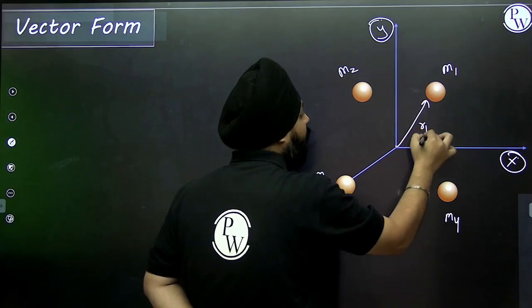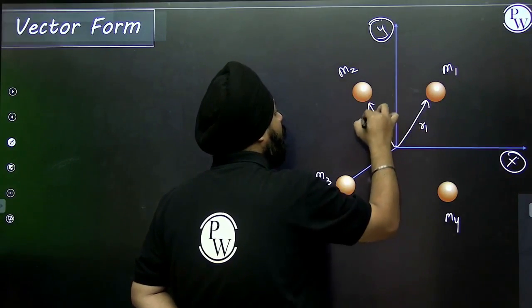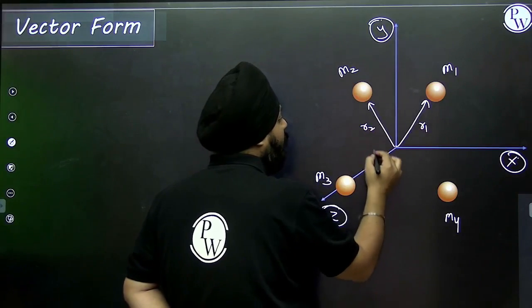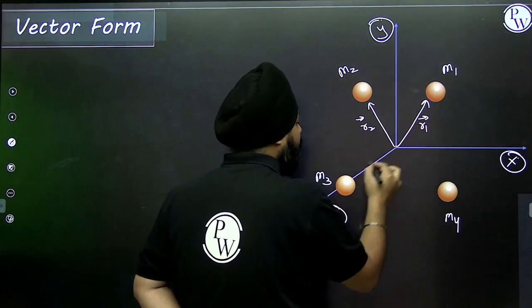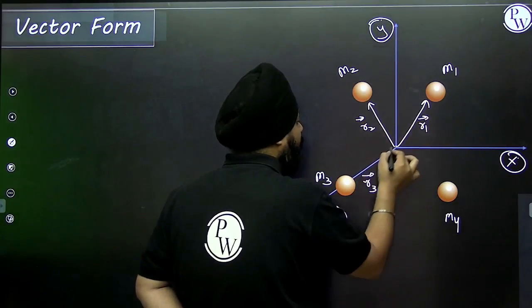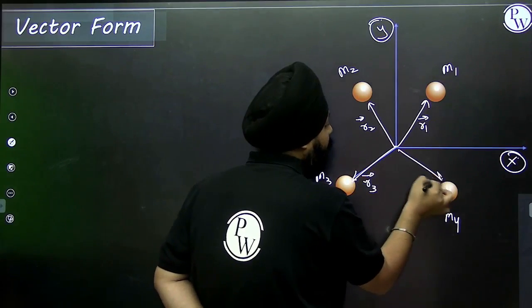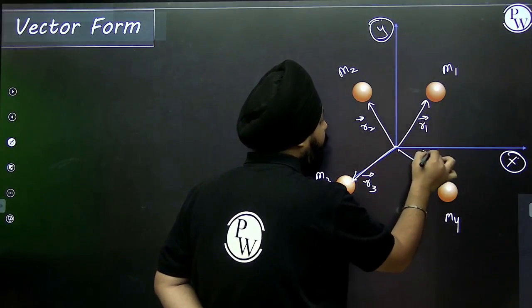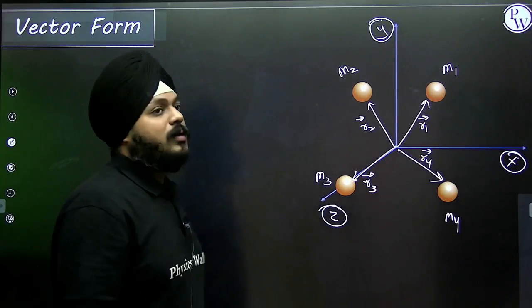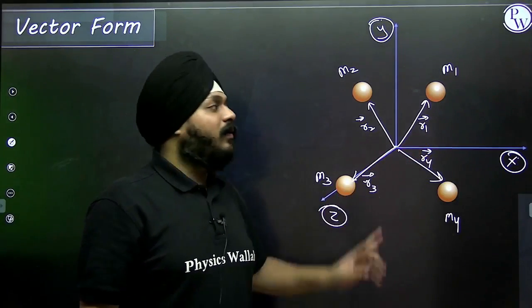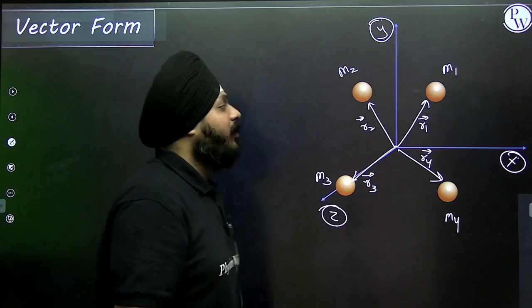This is the position vector of particle m1, this is the position vector of particle m2, that is r2, this is the position vector of particle m3, this is r3, and this is the position vector of particle m4, that is r4. Step 1. Select the reference particle. Again, I am taking it as 1.